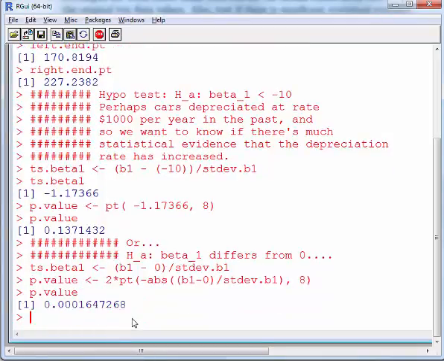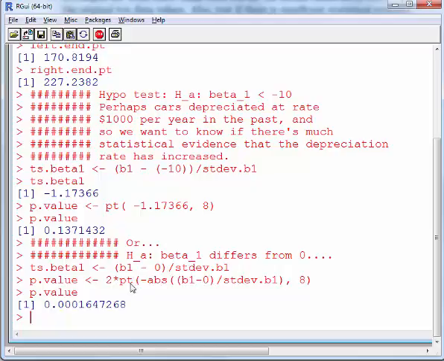So I can run that test too. I'm just taking my best guess for B1, subtracting whatever the value is that's stated under the null hypothesis, 0 in this case. Last time it was -10, dividing by the standard deviation of B1. Since I'm doing a two-tailed test, it's 2 times that tail area from a t-distribution, pt.